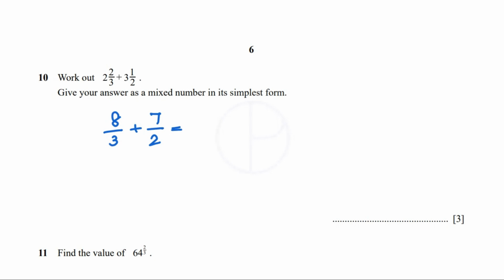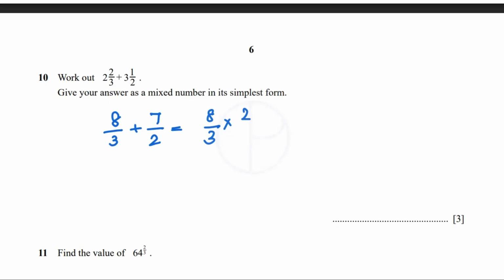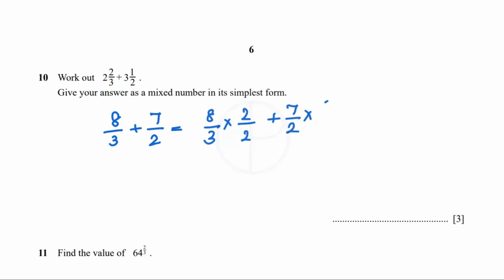The LCM is 6. 8 over 3 multiplied by 2 over 2 plus 7 over 2 multiplied by 3 over 3. So 16 divided by 6 plus 21 divided by 6, which is equal to 37 over 6.